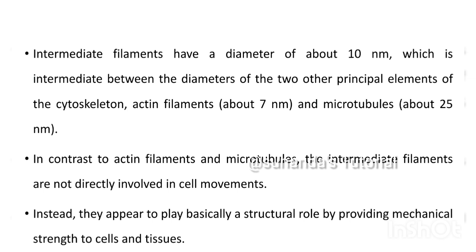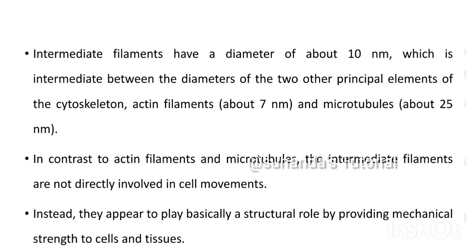Actin filaments, that means microfilaments, are about 7 nanometers in diameter, and microtubules have 25 nanometer diameter, but intermediate filaments have 10 nanometers. So it is intermediate between microfilaments and microtubules. That is why it is called intermediate filaments.